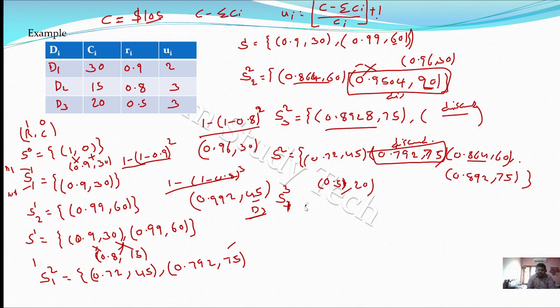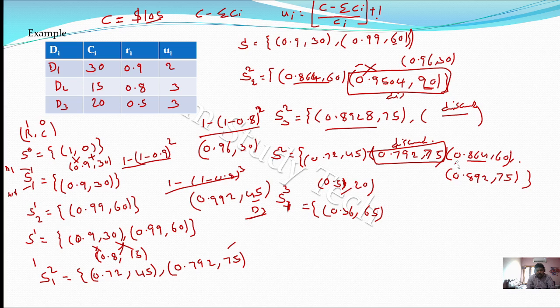So you can multiply this 0.5 into 0.72, here it is 0.36, 45 plus 20, that is 65.